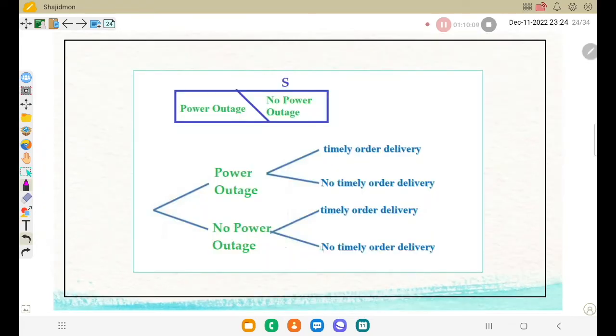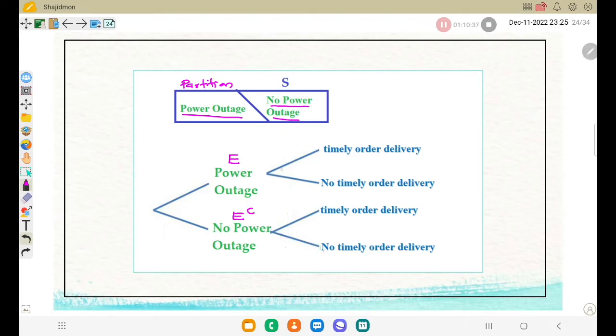So in the tree diagram, the sample space can be divided into two partitions: one is power outage, the second is no power outage. No means complement. So power outage we can represent by the letter E. No power outage means E complement, because no power outage is not in E.